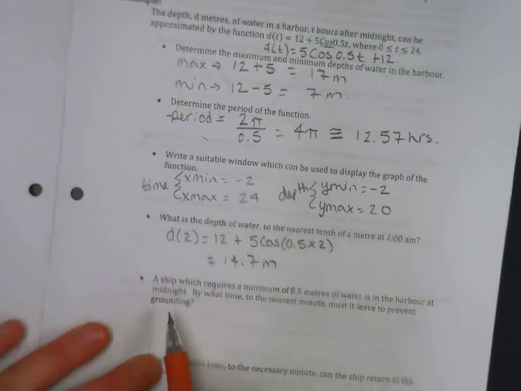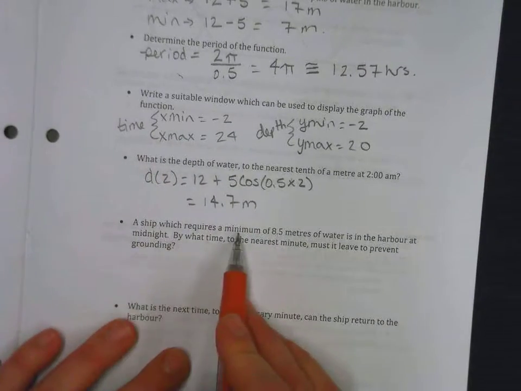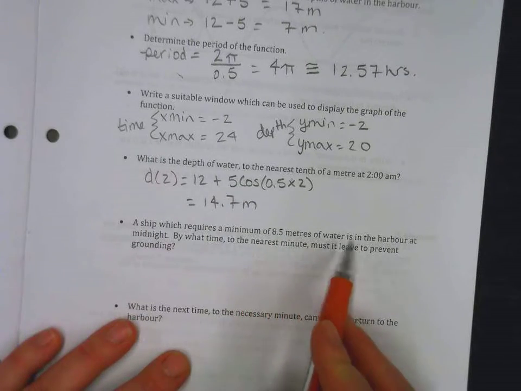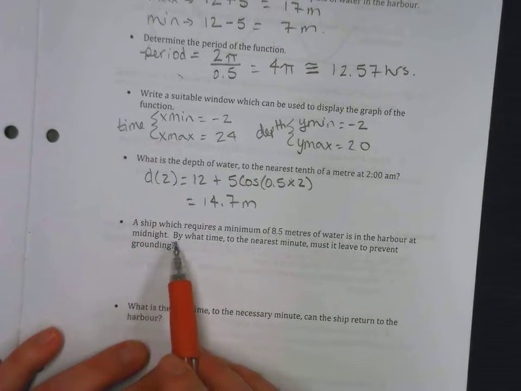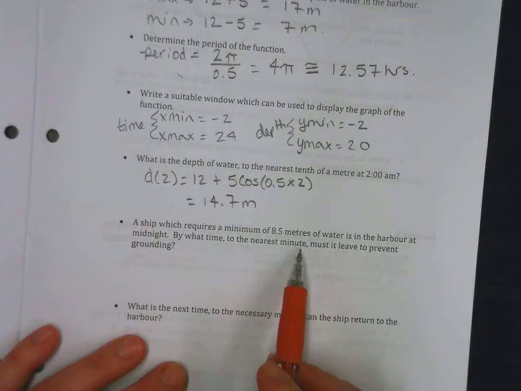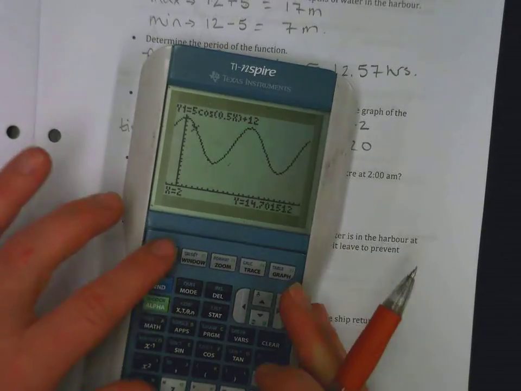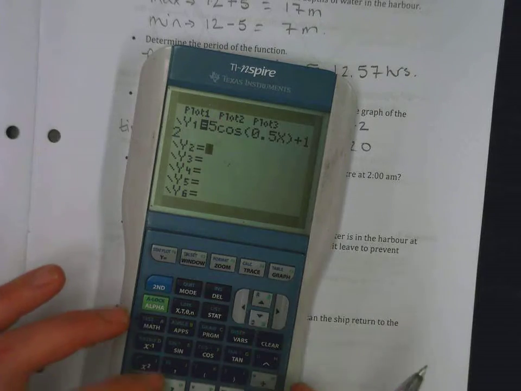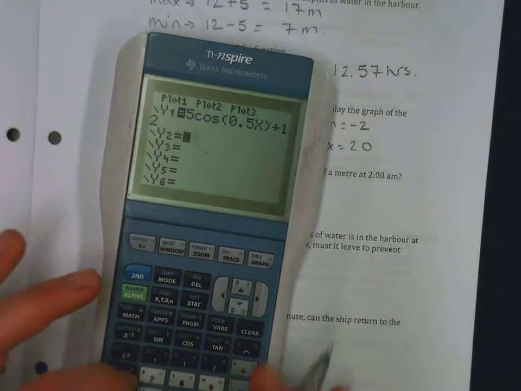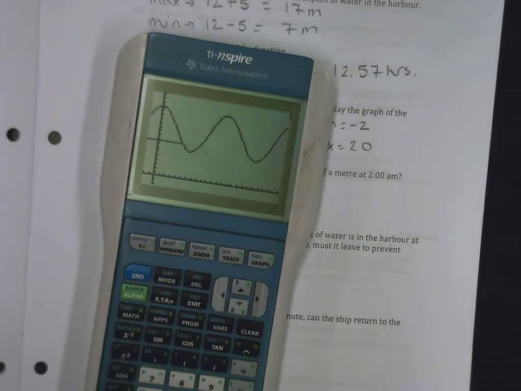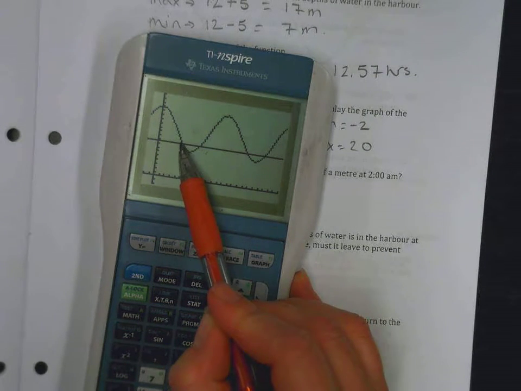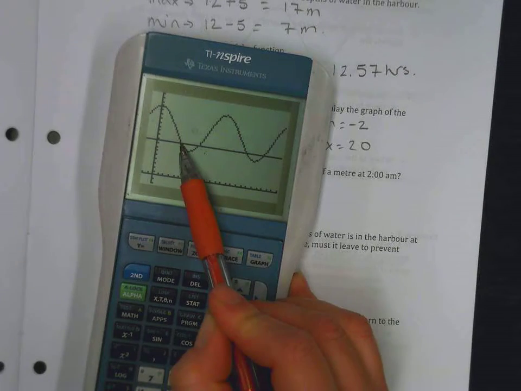A ship which requires a minimum of 8.5 meters of water is in the harbor at midnight. By what time to the nearest minute must it leave to prevent grounding? So on our calculators, if I were to draw my 8.5 meter mark, if the ship does not leave at this time, then it's going to get grounded in the harbor.